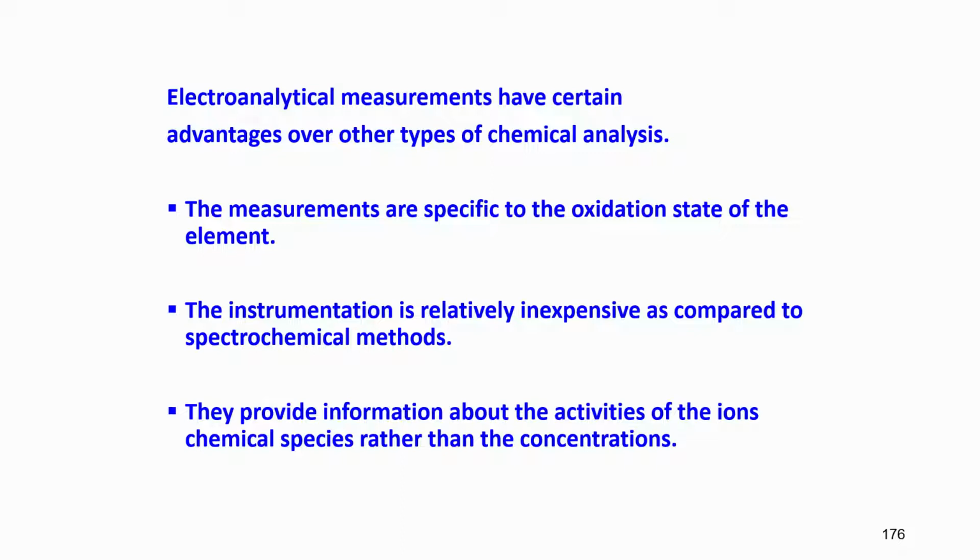Quite often we express the metal ion concentrations in a different composition altogether. For example, if you want to express iron concentration in an ore, we do not write iron, we write Fe2O3, and aluminum as Al2O3, calcium as calcium carbonate, like that.